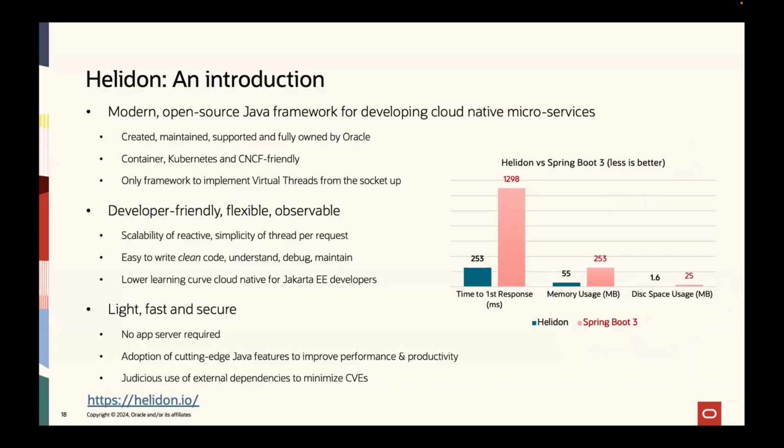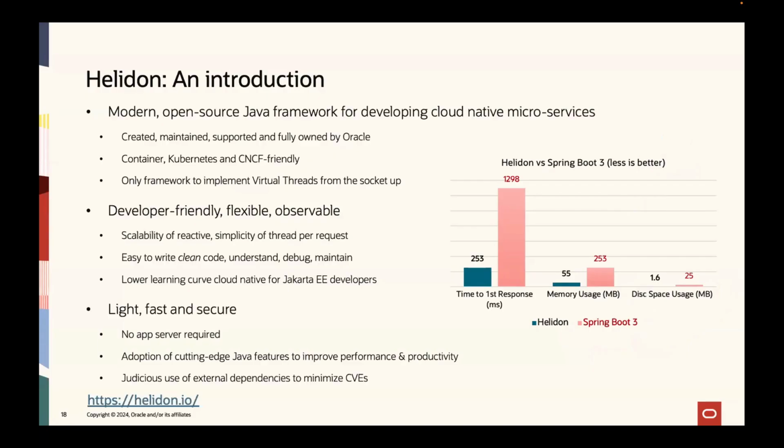It's very lightweight. Helidon does not require an app server. If you look at comparisons to other popular frameworks in Java, let's say Spring Boot, it has much less footprint for memory and disk, and the throughput and scaling is much higher.